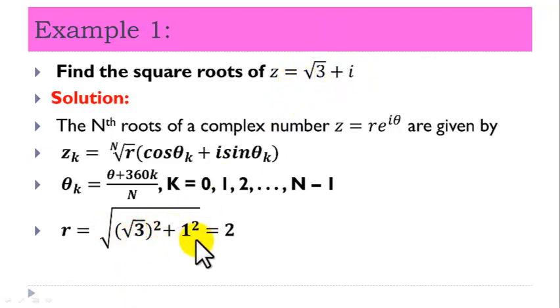Root 3 squared is 3, 1 squared is 1, 3 plus 1 gives us 4, and the square root of 4 is 2.